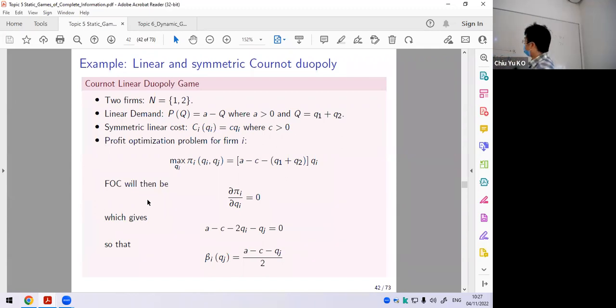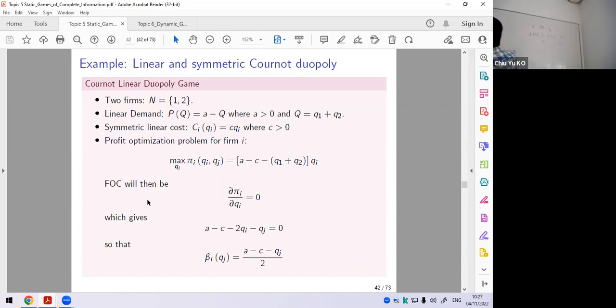And what does that mean? We can actually draw this in this diagram. When Q2 is 0, Q1 is (A minus C) over 2.